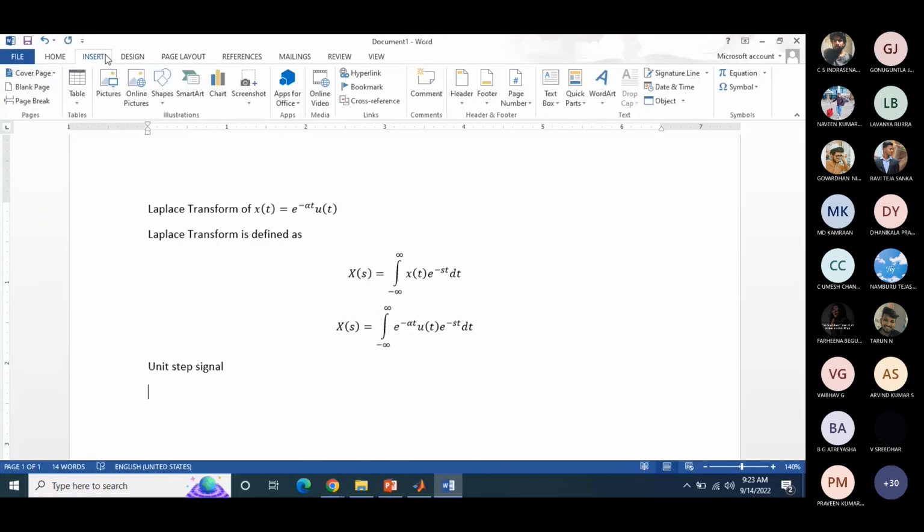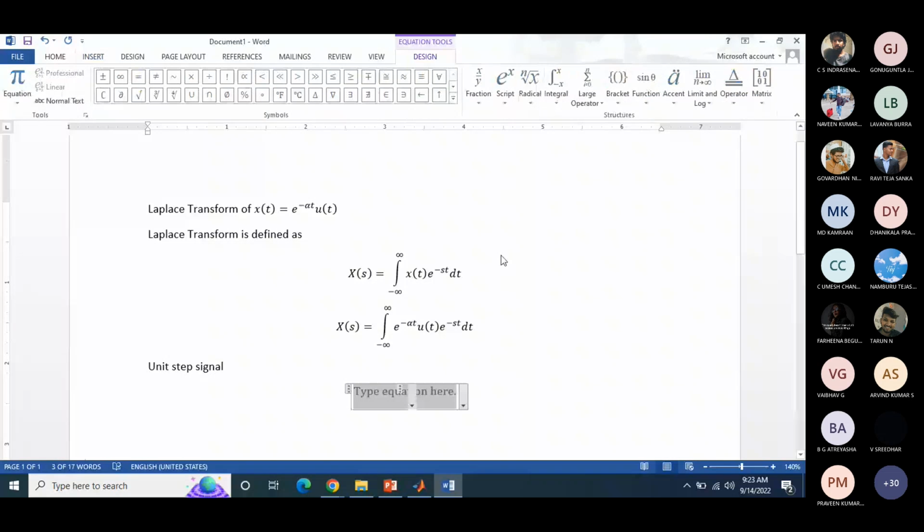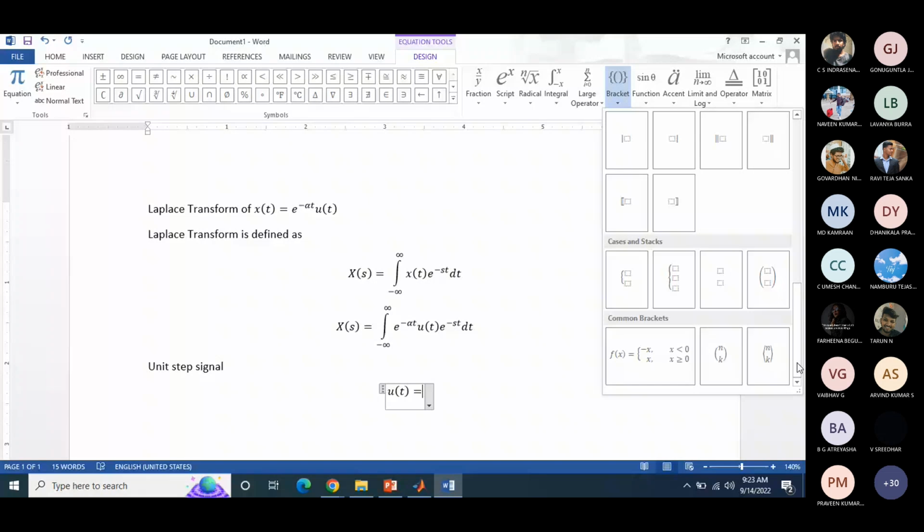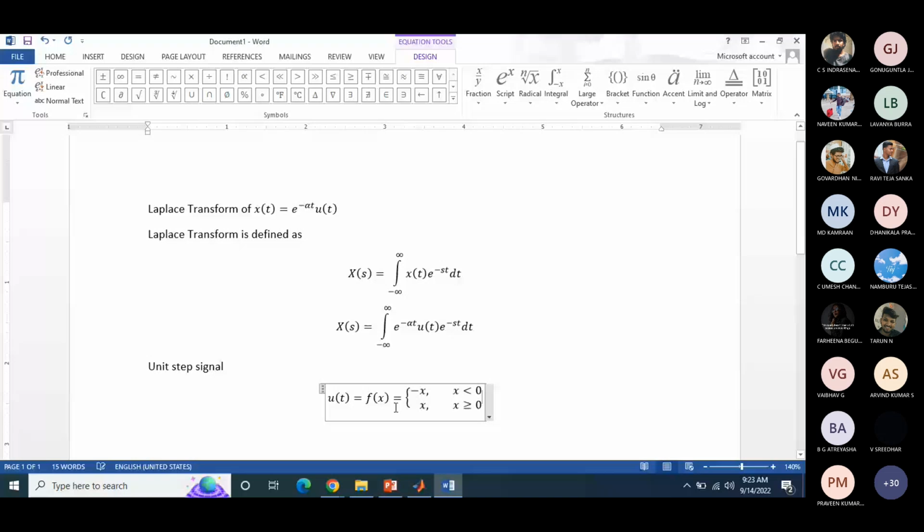What is u of t equal to? u of t is equal to 1 when t is greater than or equal to 0, and it is 0 when t is less than 0.